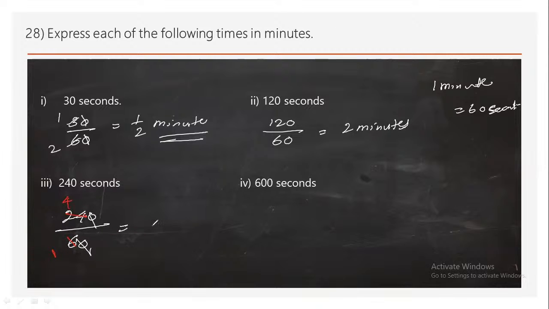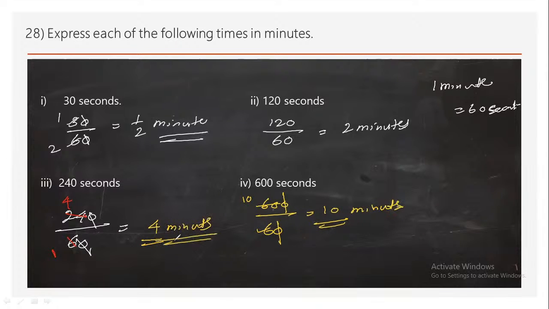Answer is 4 here. 600 divided by 60. How many zeros? How many sixes? 10. Answer is 10. 10 minutes. 4 minutes and 10 minutes.